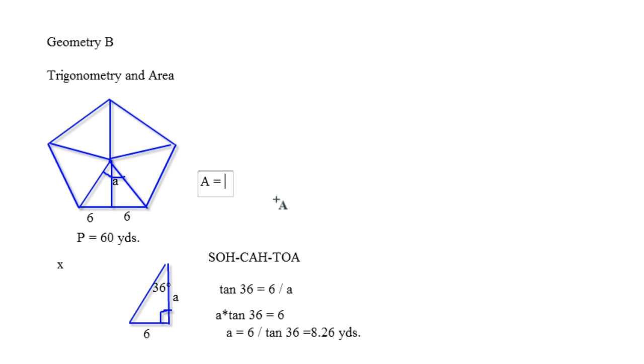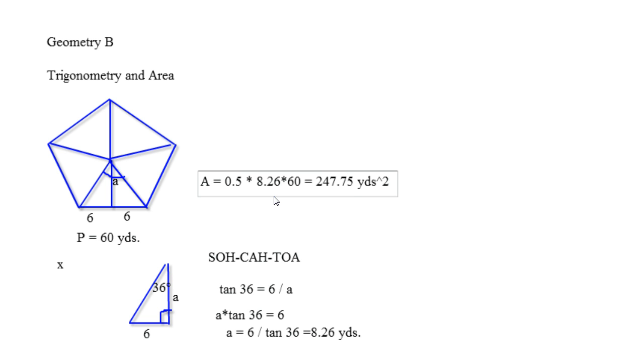So area is equal to 0.5 times approximately 8.26 times 60. I'm using the 60 from the beginning because that was the perimeter. And I should get 247.75 square yards.